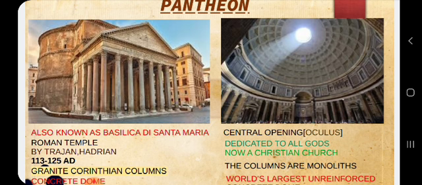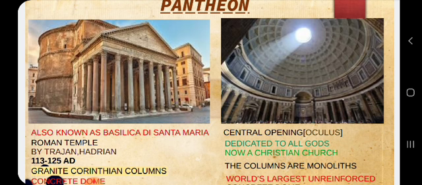And yes, the columns are made of granite, and it's Corinthian, and the pillars are all monoliths. That means it's built from a particular type of stone as a whole.